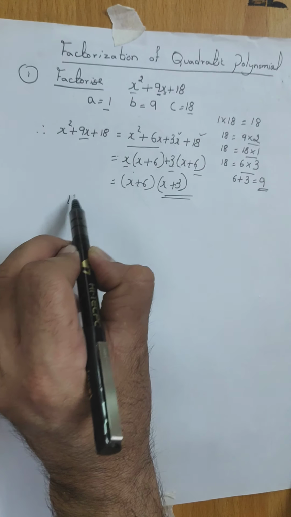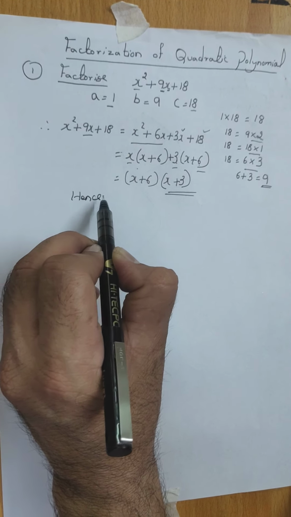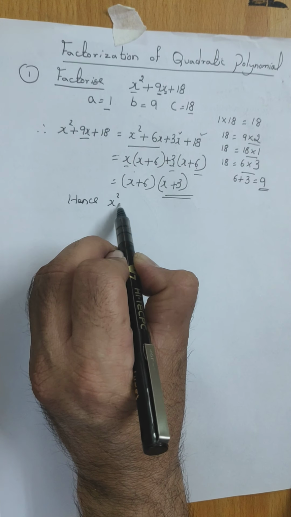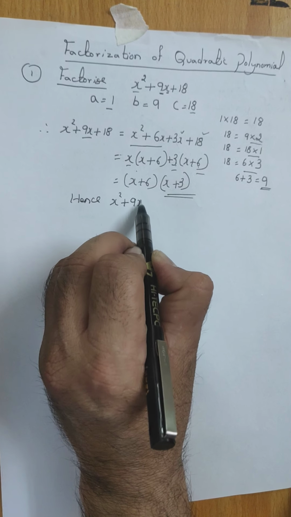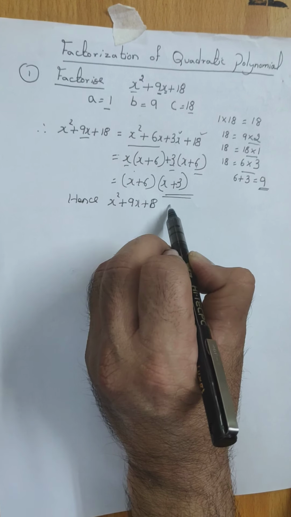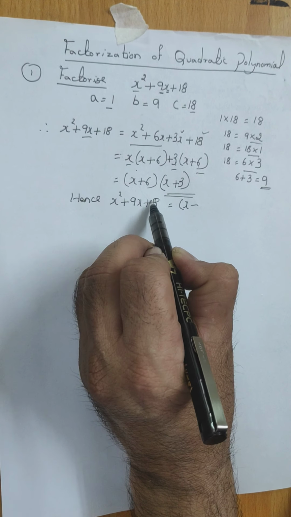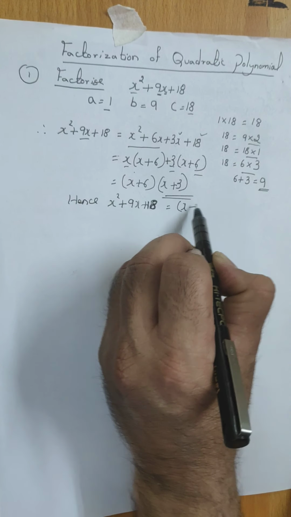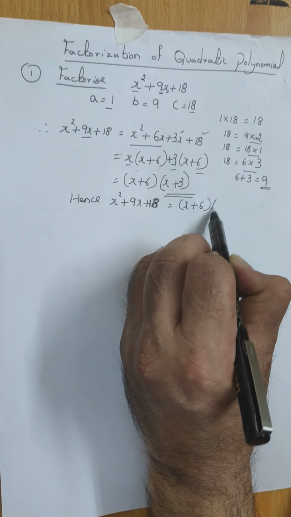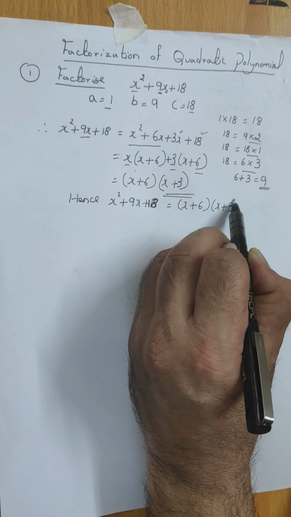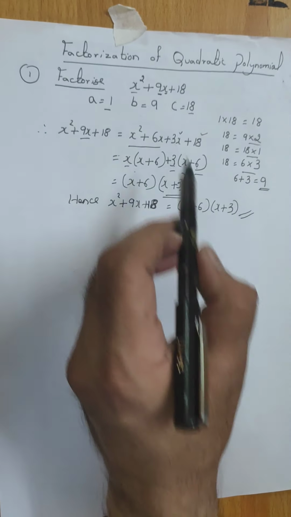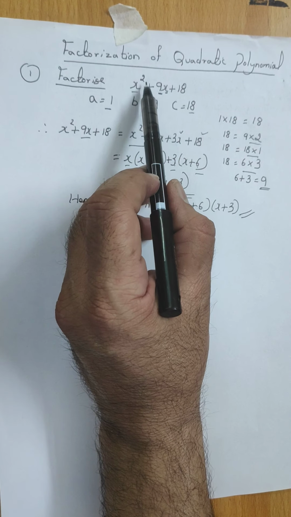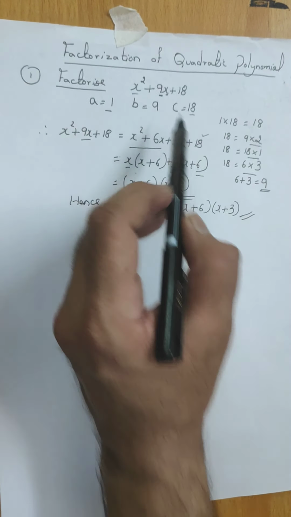Therefore, x square plus 9x plus 18 is equal to x plus 6 into x plus 3. So these two are the factors, because this has degree 2, so I get 2 factors here.